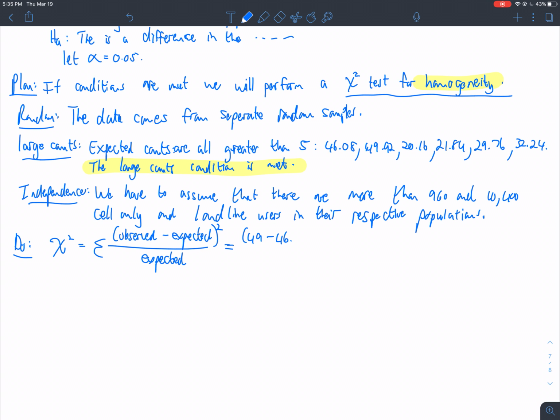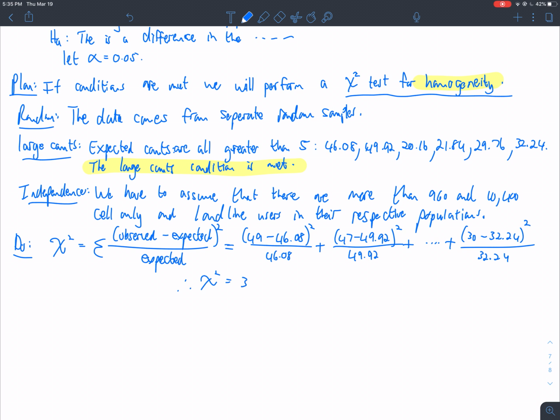So 49 minus 46.08 squared over 46.08 plus, maybe do another one on the front end, 47 minus 49.92 squared over 49.92 plus, in the end, 30 minus 32.24 squared over 32.24.